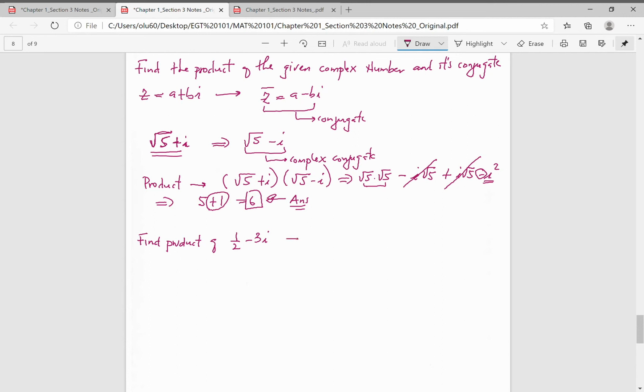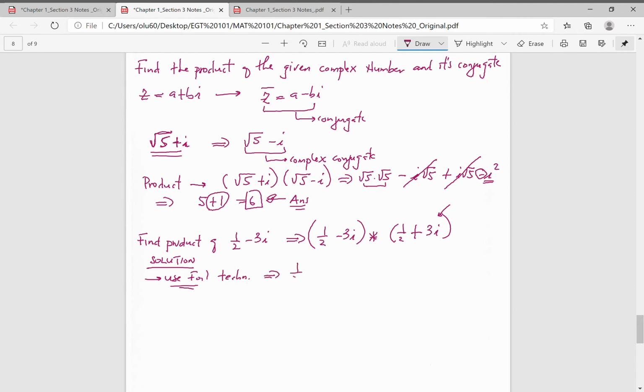So we're going to multiply this by its complex conjugate, which is 1 over 2 minus 3i times 1 over 2 plus 3i. This is the complex conjugate. Okay? And in doing so, we're going to use FOIL again. Okay? So our solution is the FOIL technique.